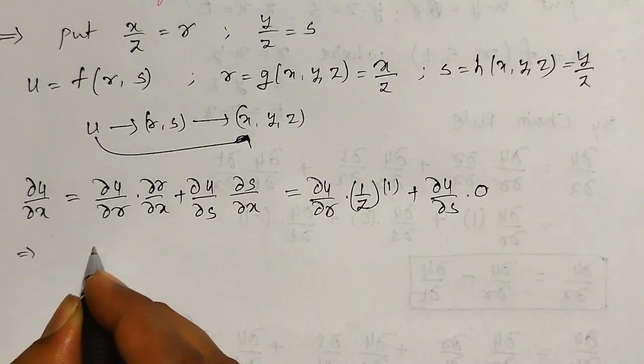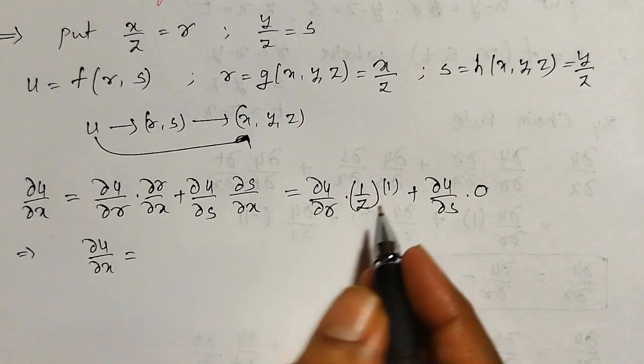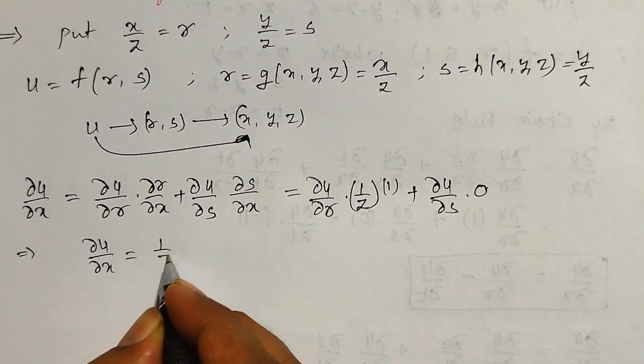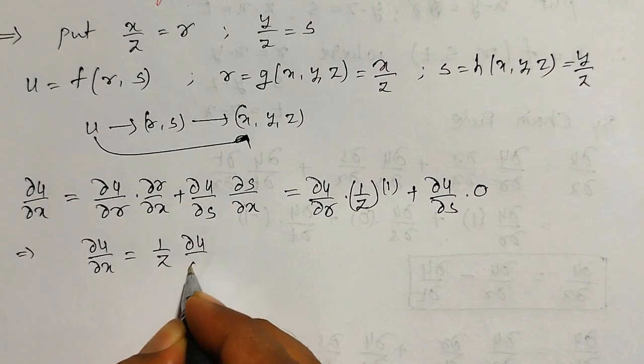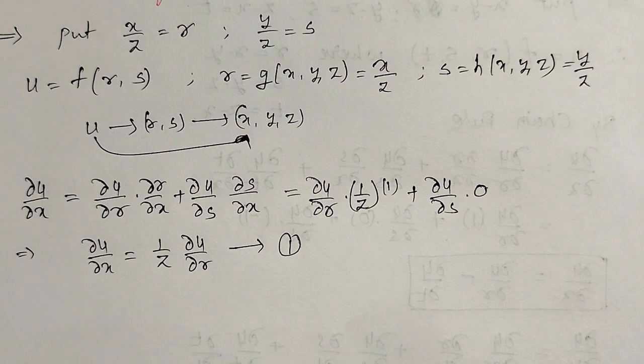That implies dou u by dou x is equal to 1 by z times dou u by dou r. Correct? Call this equation number 1.